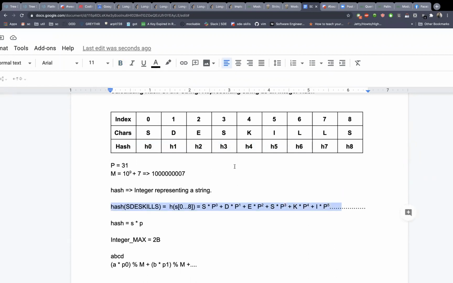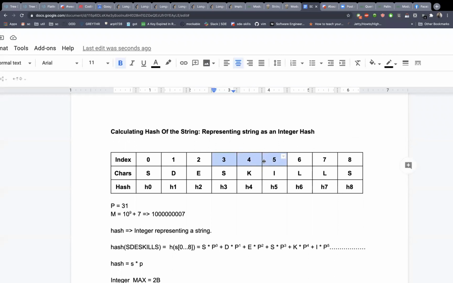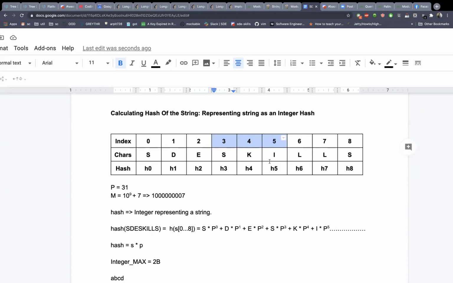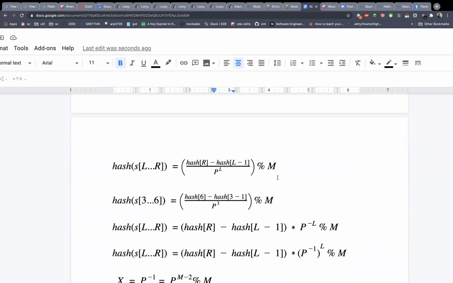Now if I want to calculate the hash of any substring, say 3 to 5, how can I do it? This is one important thing that we will learn here. But I think first we should see the problem and then we will come to it. So let me give a brief overview of the problem, and then we will jump back to it.